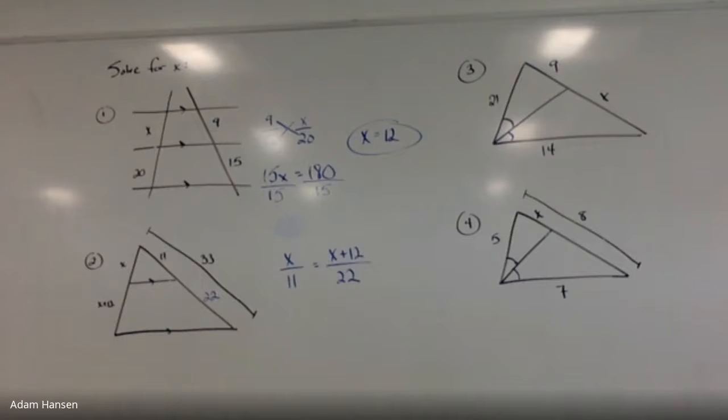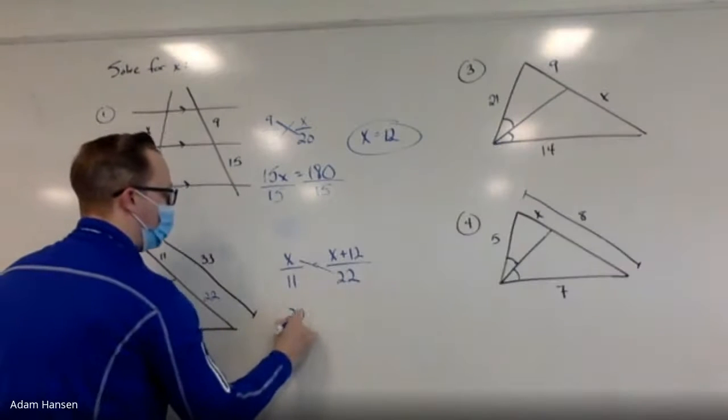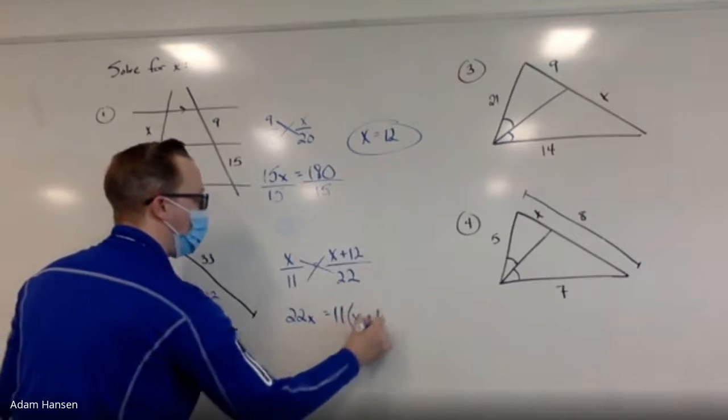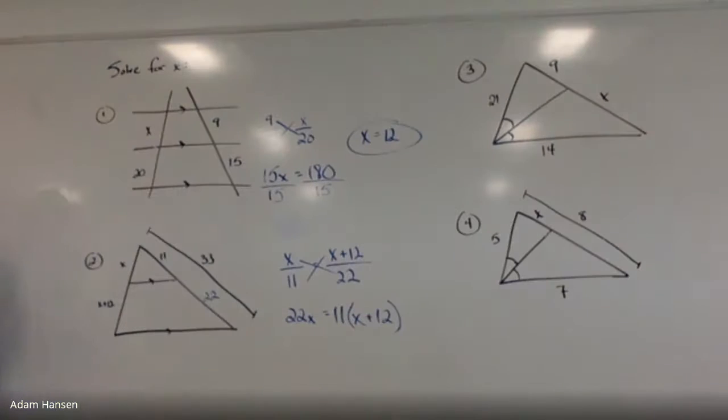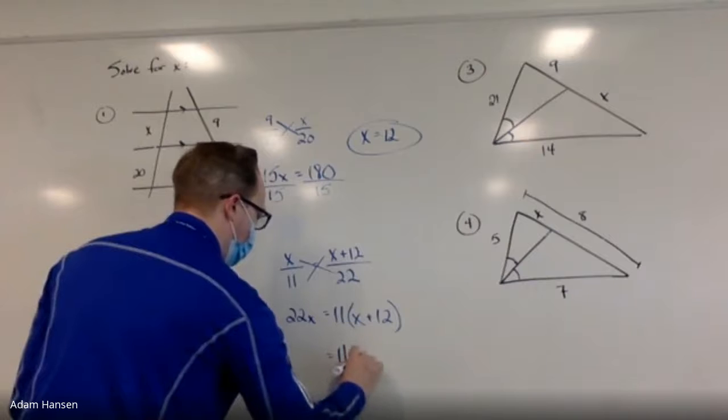Now it's just the game of cross multiplying. 22 times x, 11 times x plus 12. See, that's 11x. What's 11 times 12? 132.